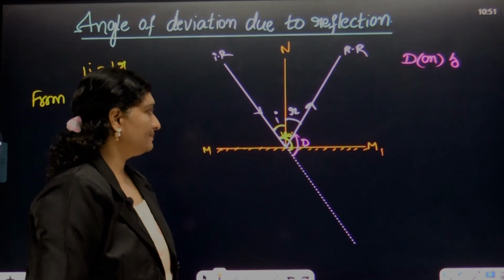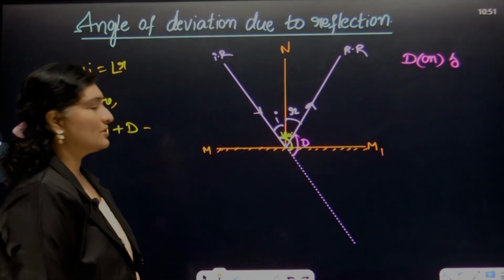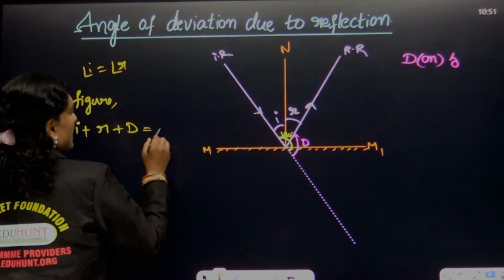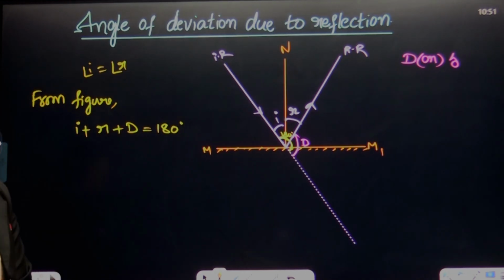Say yes or no. So, the summation of all three angles is 180 degrees. That is, I plus R plus D must be equal to 180 degrees.